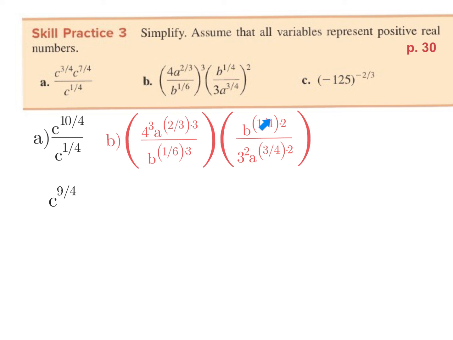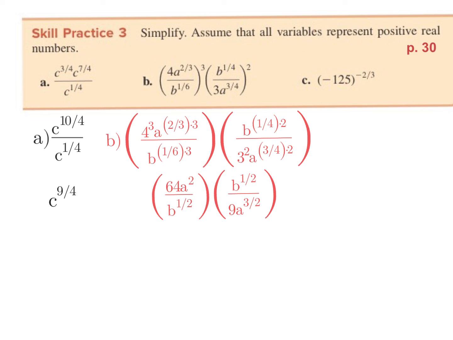Okay. 1/4 times 2. 1/2. 3/4 times 2. 3 over 2, and then 3 squared. 9. Okay, so here's where I'm at right now. This is what we've accomplished. Just simplifying. Multiplying the powers, raising the coefficients to the powers. And I've simplified as far as I can.